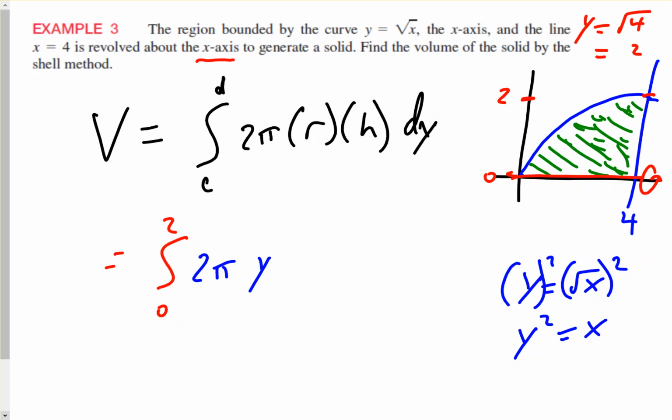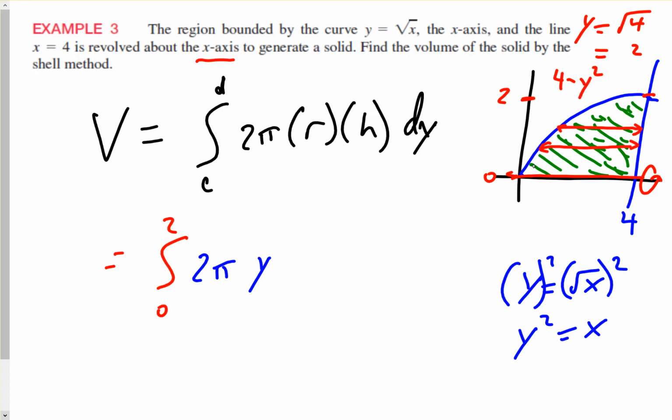If you look at it sideways, as if this was the x-axis, to get this height, you're thinking about it like this. This is going to be your height now. So the way you get this height is if you do 4 minus y squared, or y squared minus 4.